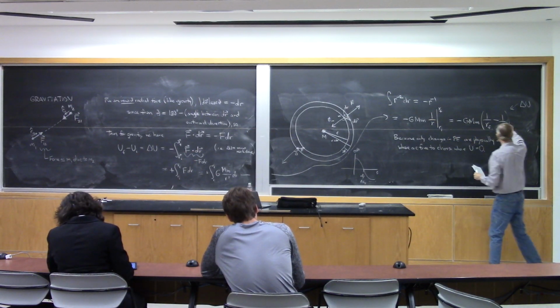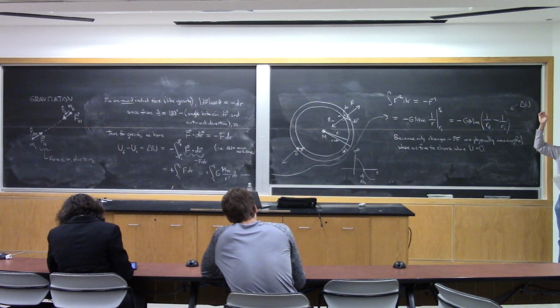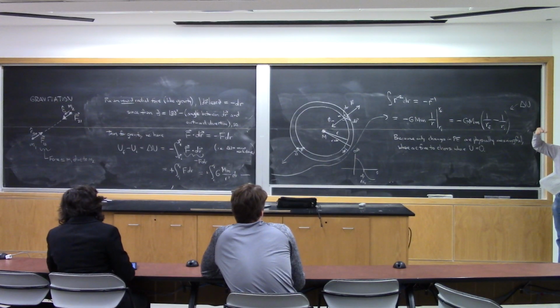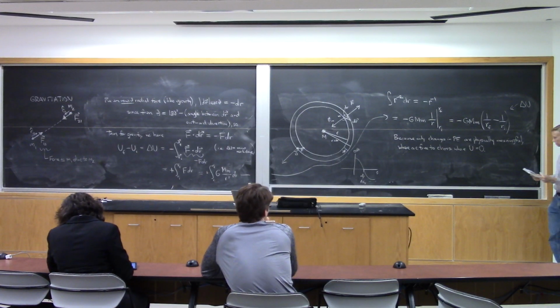I mean, physical education is very valuable, but that's not what I'm talking about here. And given that 1 over r business there, a natural choice is let U be 0 where r is infinitely far away in that limit.